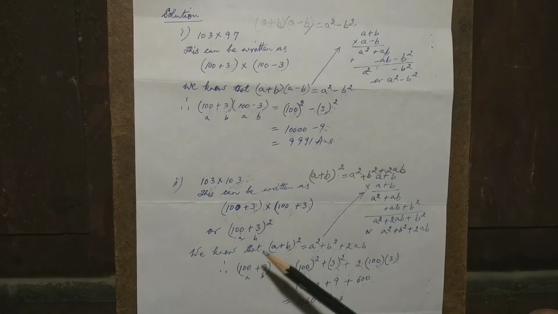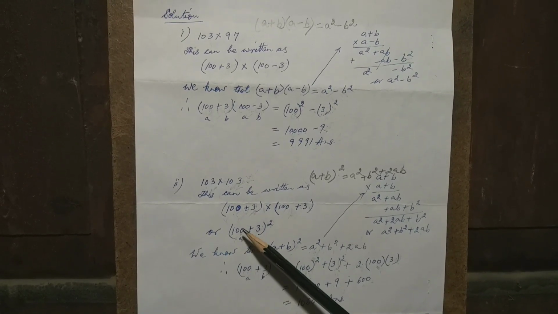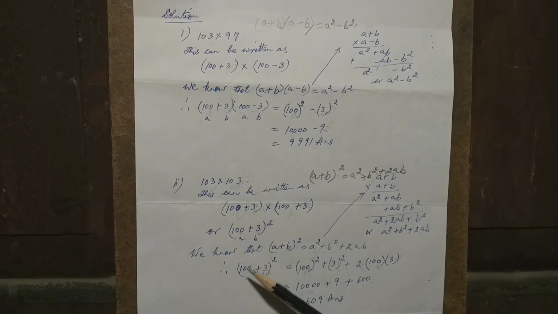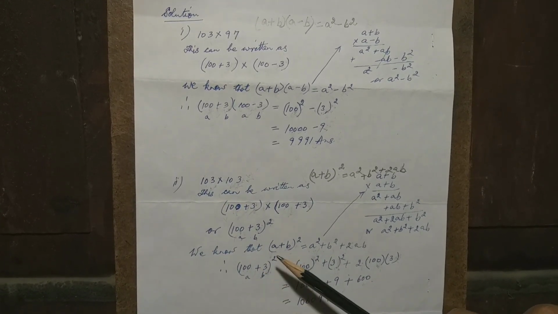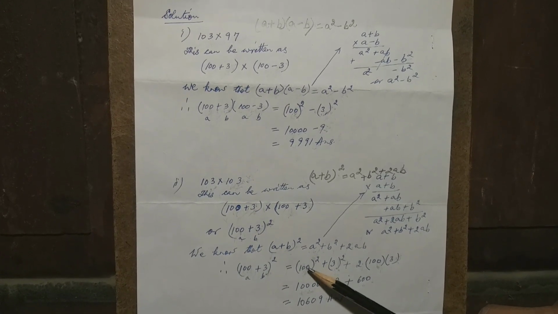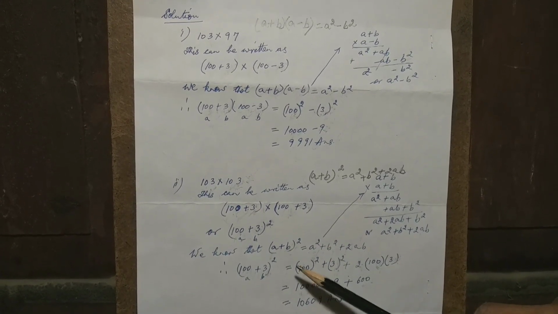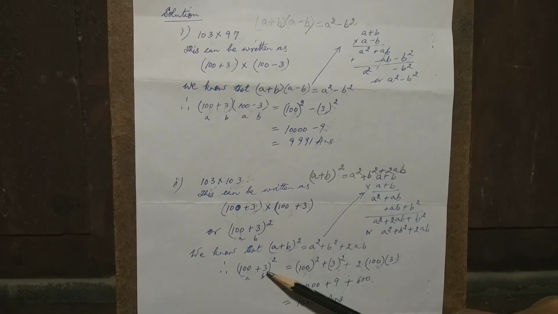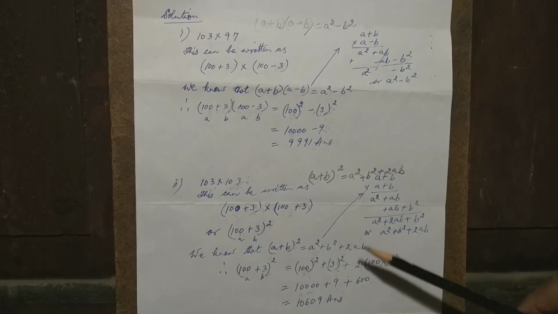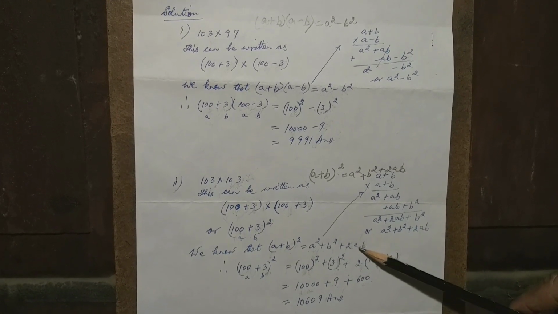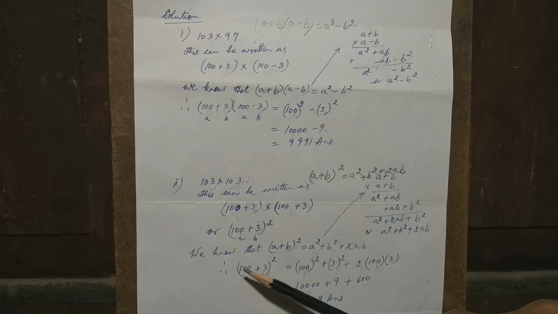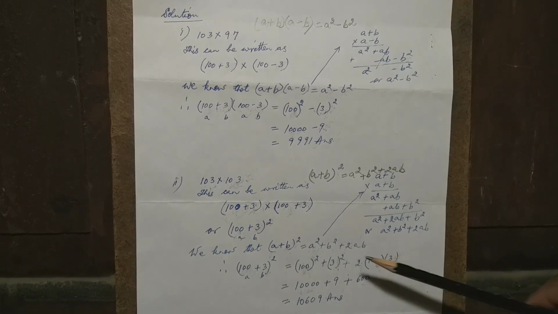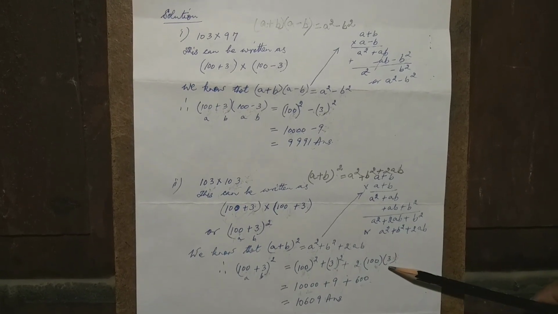Instead of a, we can put 100 as the first term, and instead of b, we can put 3 as the second term. So 100 plus 3 whole square will give us the square of the first term, a square, we have 100. The square of the second term is 3 whole square, plus 2 into a, the first term, which is 100, into b, the second term, which is 3.